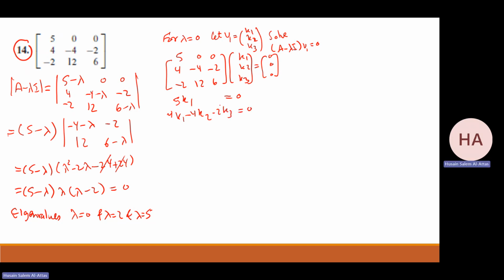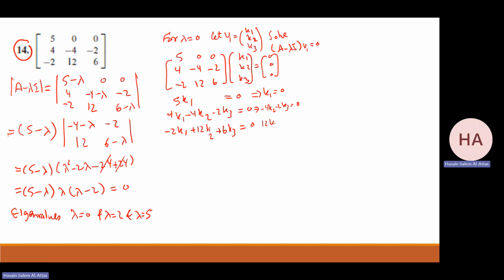Sometimes you'll do just calculations. Sometimes you do Gauss elimination. Do it the way you like. Here I have k1 equals 0. That's it. So that means this equation becomes minus 4k2 minus 2k3 equals 0.